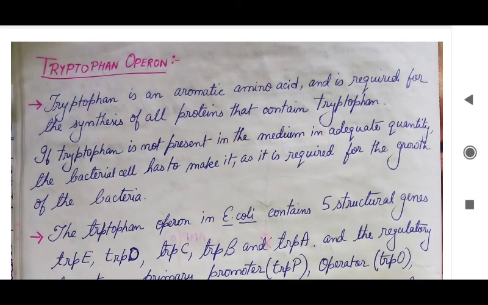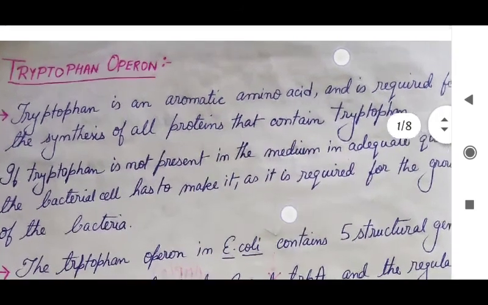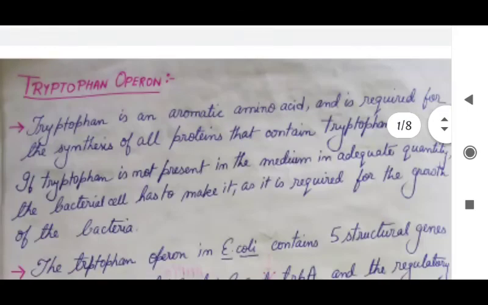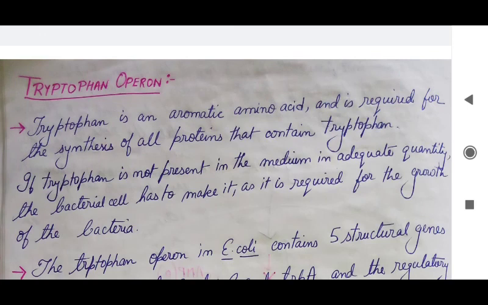So, we will now discuss the tryptophan operon. Tryptophan is an essential aromatic amino acid and it is normally required for the synthesis of all proteins that contain tryptophan.